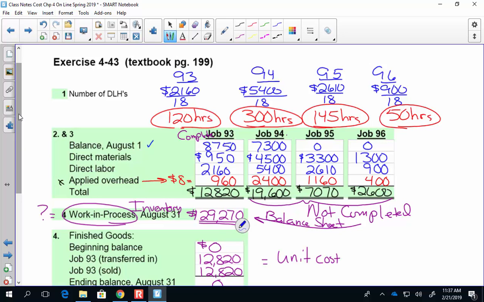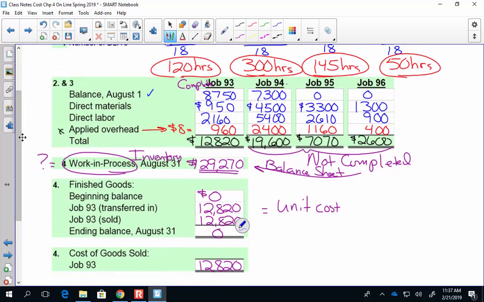Also realize what work in process means. What work in process means is that it's those jobs that we did not complete, right? So in this particular case, I have 3 that weren't done. 94, 95, 96 were not done. So that's what's in my WIP inventory at the end of the month, in this case, the month of August.